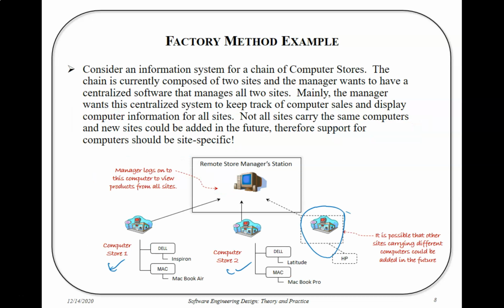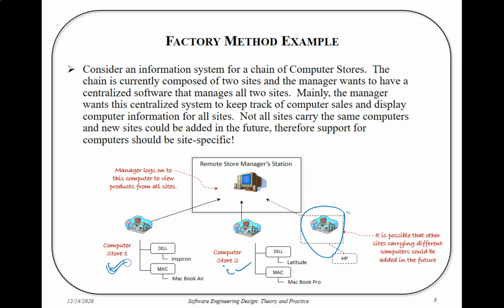So here, back to the factory method example. We already modified the part of the code that varies. Let's see again the problem that we have in hand to solve.